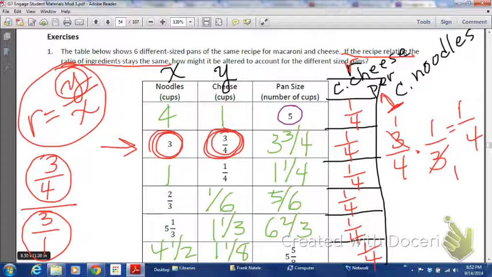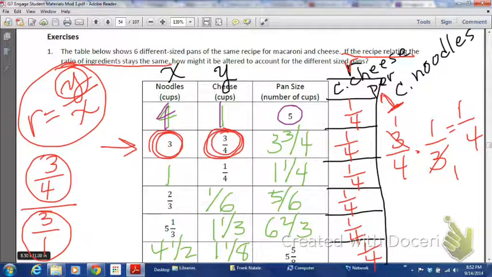Just count cups. 1 cup, 1/4 of cheese. 2 cups, 1/2 cup of cheese. 3 cups, 3/4. 4 cups, 1 cup of cheese. 4 plus 1 equals 5, which we had already. And hence you get your 4 and your 1.